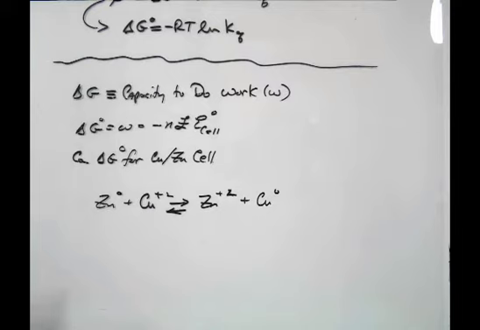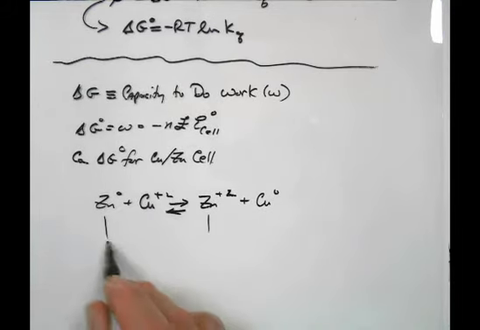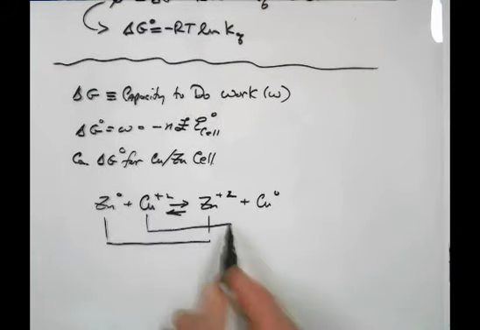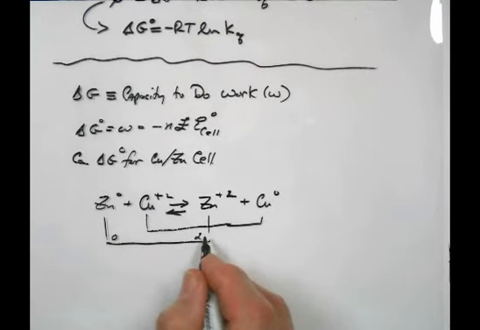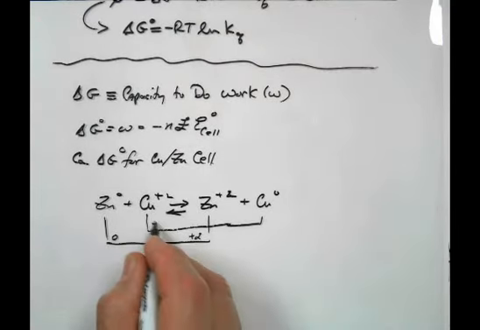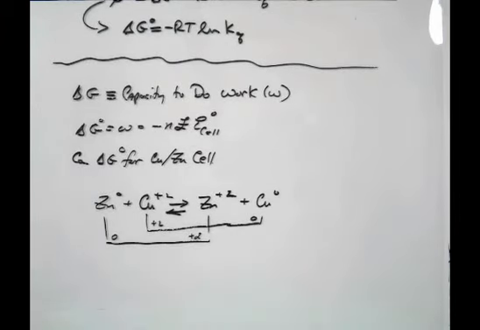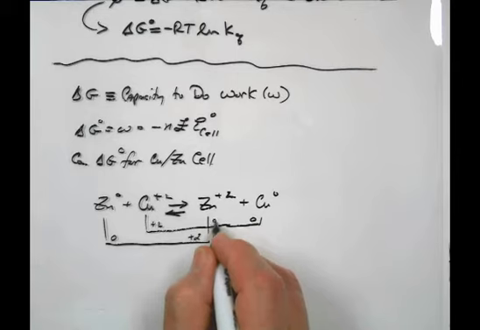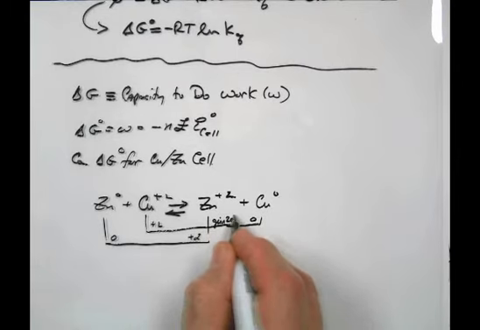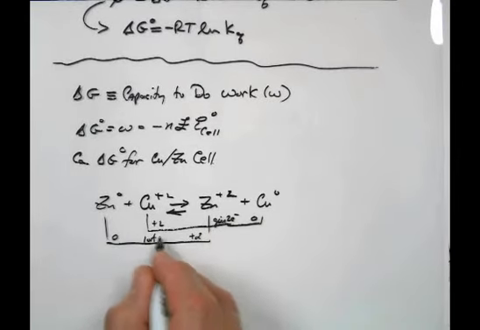So in oxidation reduction terms, what's going on? We're starting at 0 and going to plus 2, and then we're starting with plus 2 and going to 0. So you have a gain of 2 electrons here and a loss of 2 electrons here.